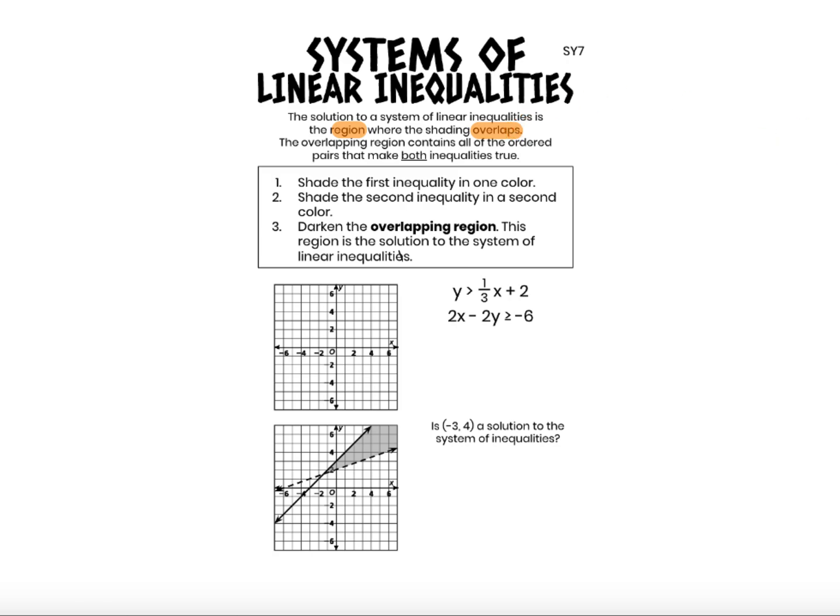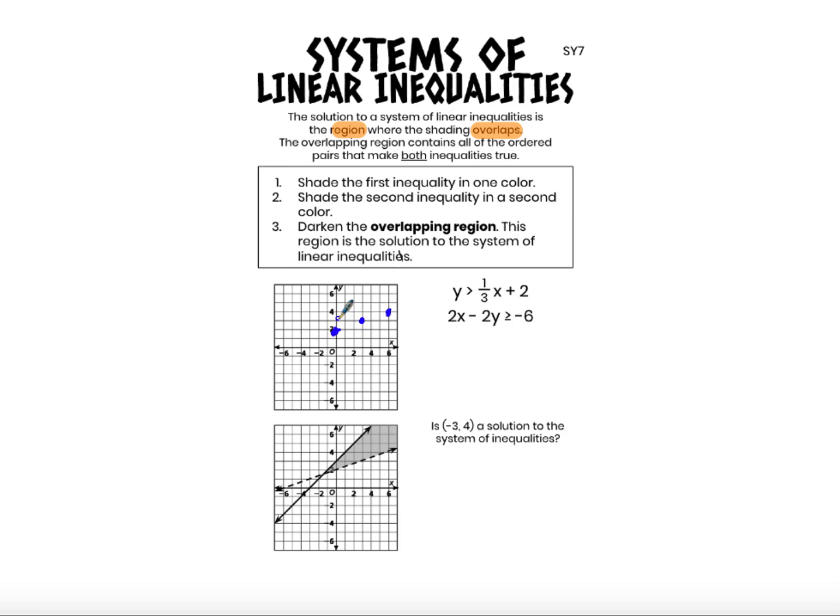For this example, my first inequality is in slope-intercept form. So when I graph the boundary line, I can use the y-intercept of 2 and then the slope of 1/3. So boundary line first, y-intercept on the y-axis of 0, 2, and then rise over run of 1/3. Up 1, right 3.